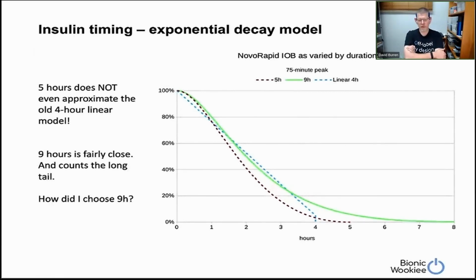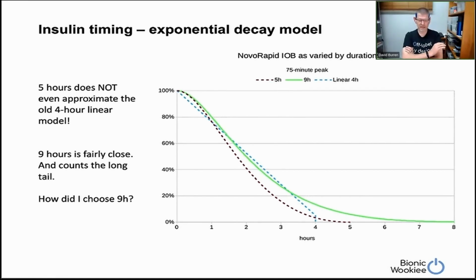The formula that Android APS and other software uses takes those 2 parameters. And as you can see here, there's a difference if we say 5 hours or if we say 9 hours, which is that green one. A lot of people I've seen come to Android APS and say, I used to use 5 hours, I should use 5 hours.